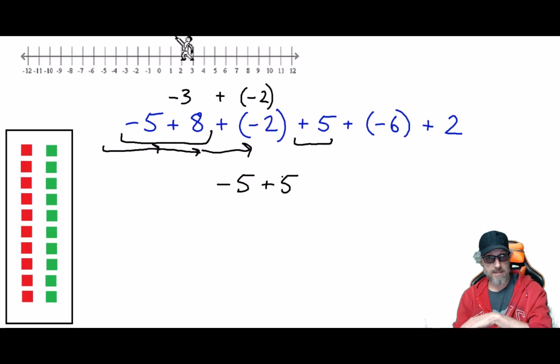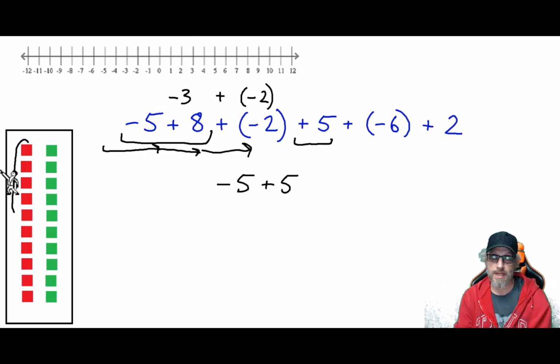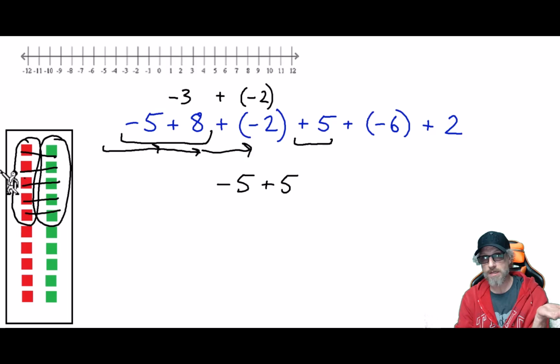Negative 5 with positive 5 equals 0. It's like you owe 5, but you're going to get paid 5. You're left with nothing. Nothing lost, nothing gained. Or with our visual aids, negative 5, positive 5. Those would be 5 zero-sum pairs. So any way you slice it, we would be left with 0 after adding in that positive 5.